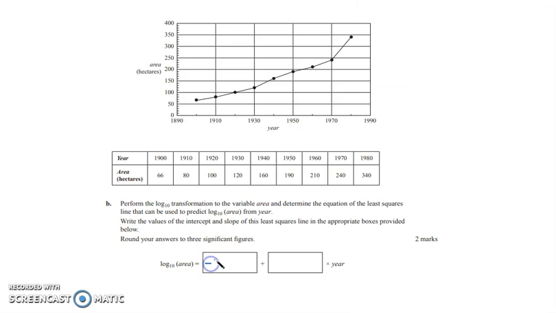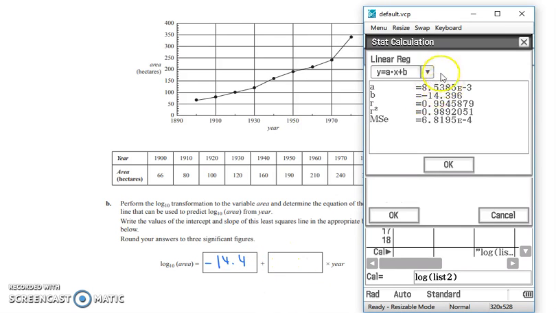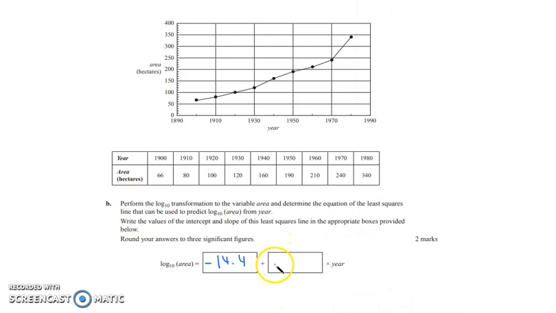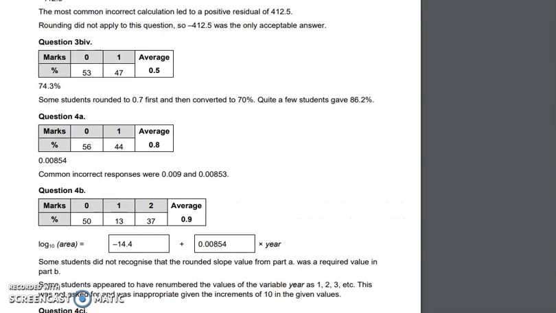For the slope, we can see it's the value from earlier in the question, and we put it to three significant figures, so 0.00854.